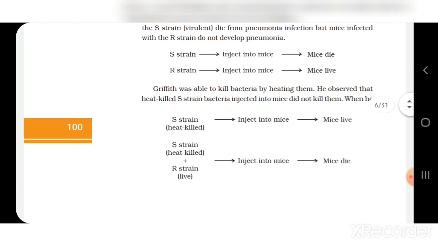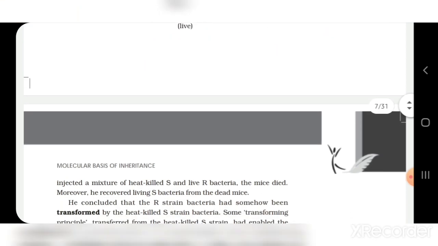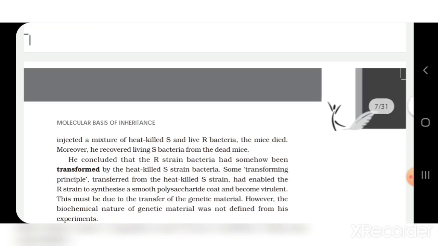That's why it developed the disease, and the host defense mechanism was not activated against it, and finally the mice developed pneumonia and died.